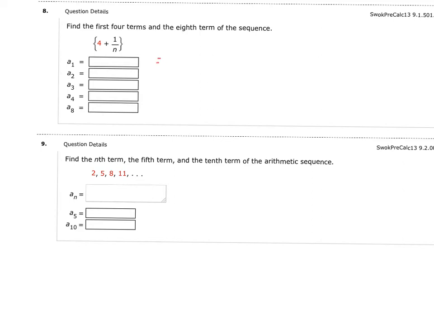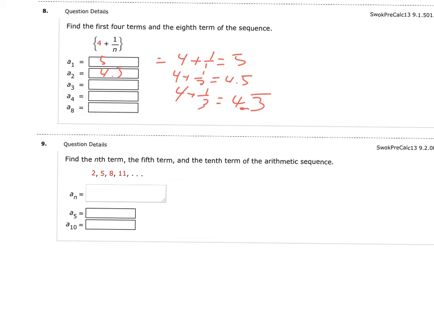So a sub 1 would just be 4 plus 1 over 1. So then that is 5. Next one would be 4 plus 1 over 2, so that would be 4.5. And then the next one would be 4 plus 1 over 3. Now this one would actually be 4.3 repeating, and I can't type in the repeating here, so I'm going to have to do this one as a fraction.